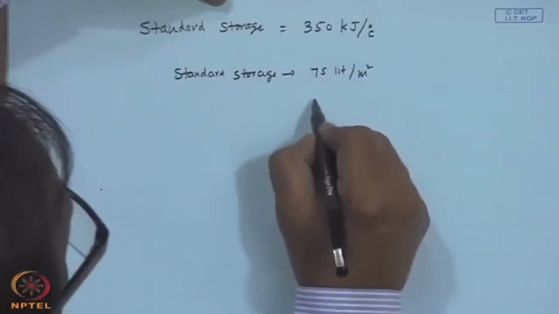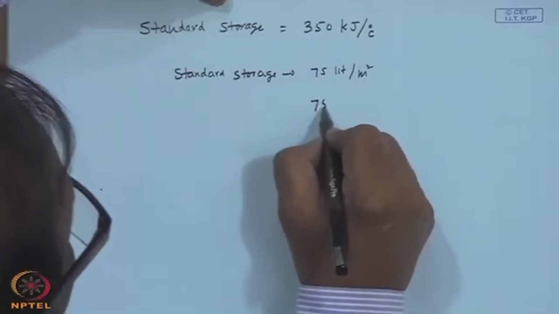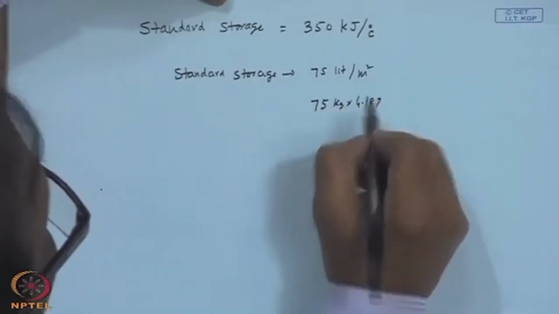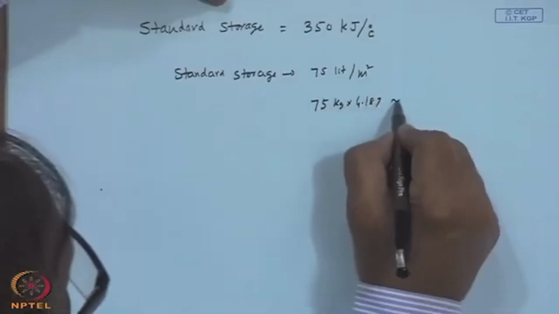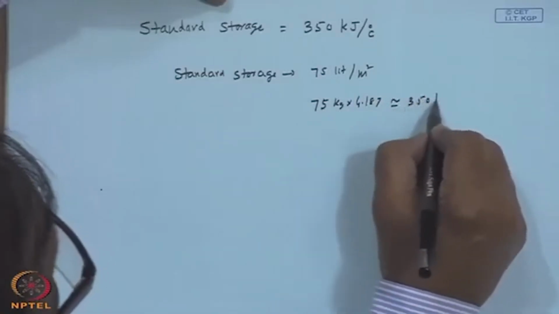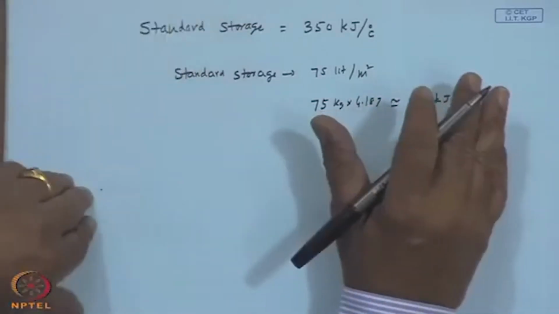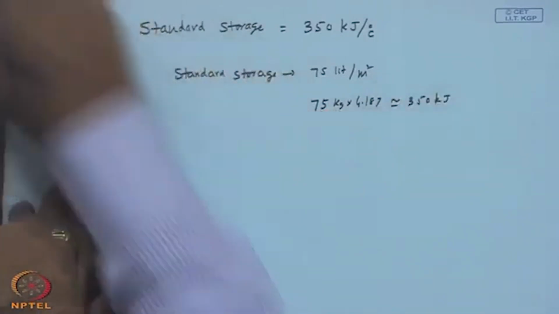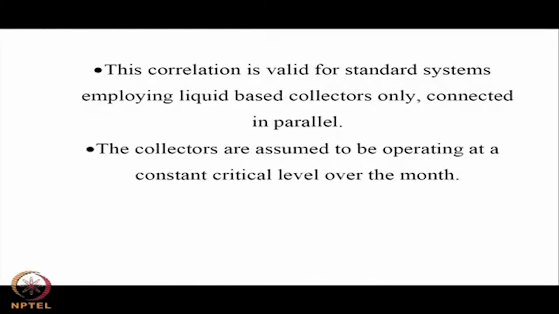This, if you multiply by 75, is approximately 75 kg, multiplied by 4.187, the specific heat, is approximately equal to 350 kilojoules. So, the storage sizes are comparable, and this is for standard systems employing liquid based collectors connected in parallel.